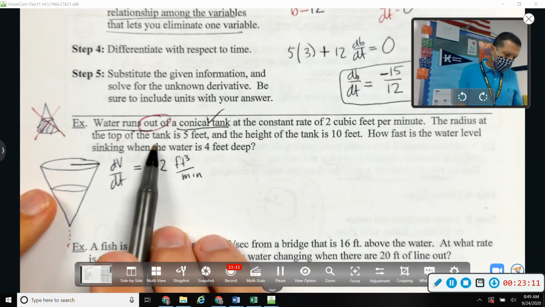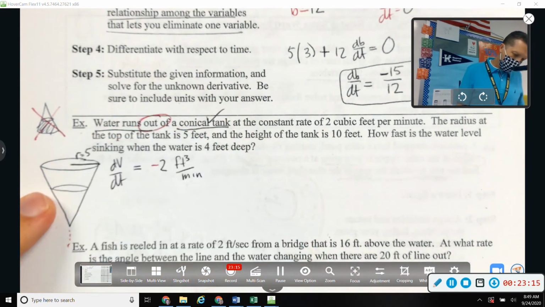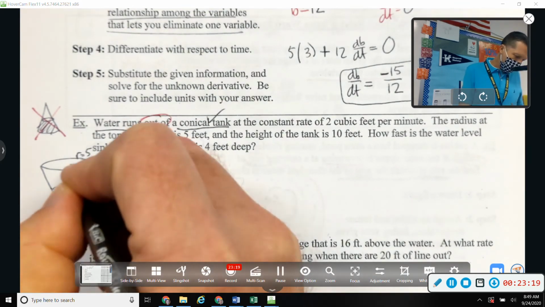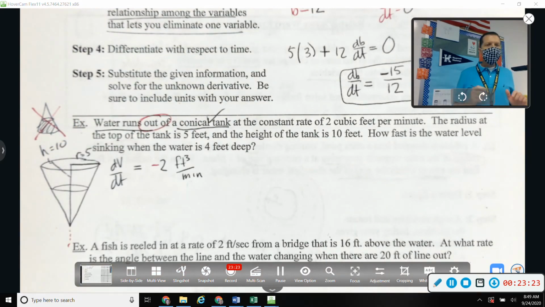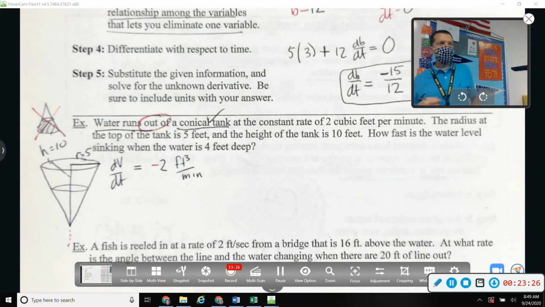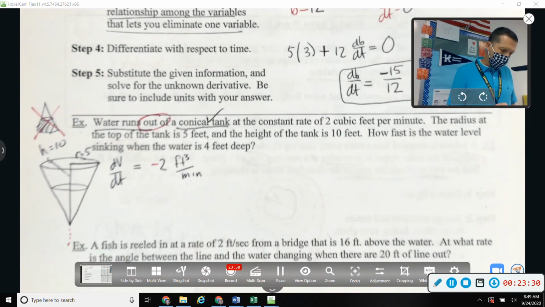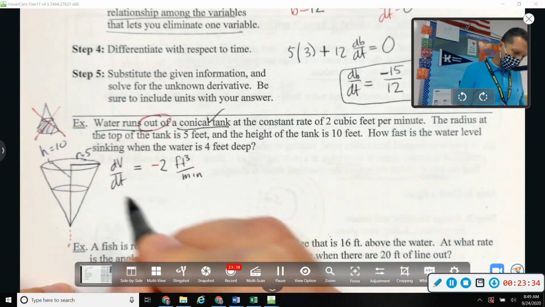The radius at the top of the tank is 5. And the height of the tank is 10. Okay, so not the height of the water or the radius of the water, but the actual tank is 5 feet radius, 10 feet tall. How fast is the water level sinking?